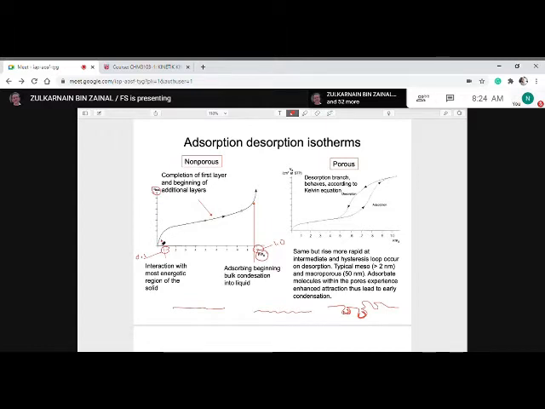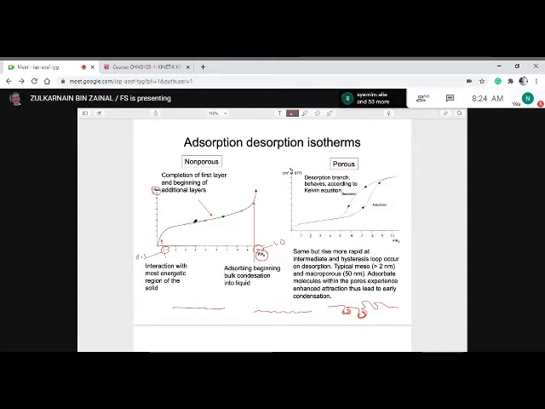So when you give pressure, the adsorption starts occurring, and you can see the rise in the amount adsorbed until it reaches the monolayer adsorption stage.